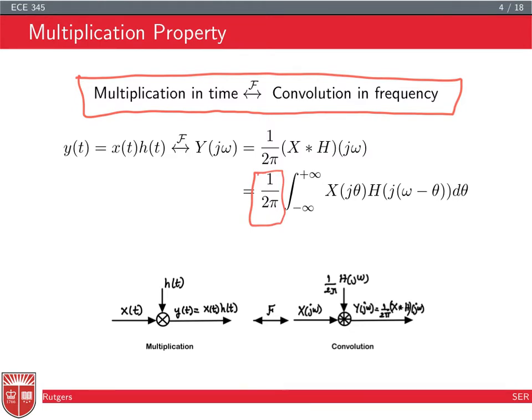So multiplication in the time domain is going to be equal to 1 over 2 pi convolution in the frequency domain. The 1 over 2 pi is basically because we have preferred to use omega as our frequency instead of f. So don't forget this factor of 1 over 2 pi.